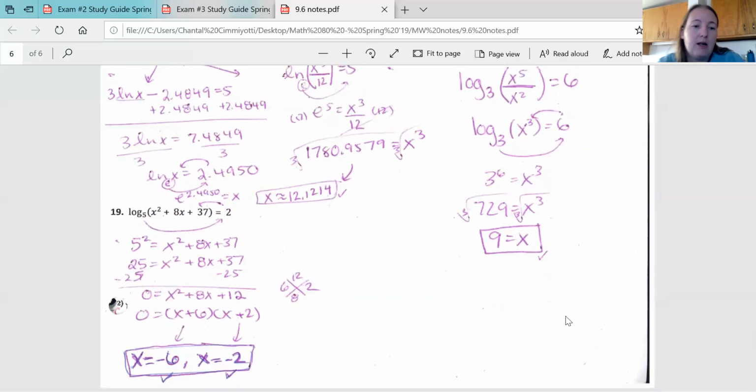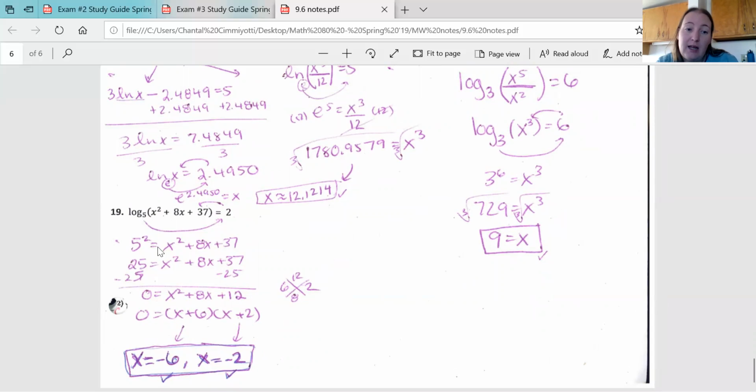And lastly, number 19. It's a single log, but it is a quadratic in here. When we do 5 squared equals this, we're going to have a quadratic to solve, so set it equal to 0, factor if possible. Now, I did this one because I wanted to reiterate that your variables can be positive or negative. It's just that the argument has to be positive.